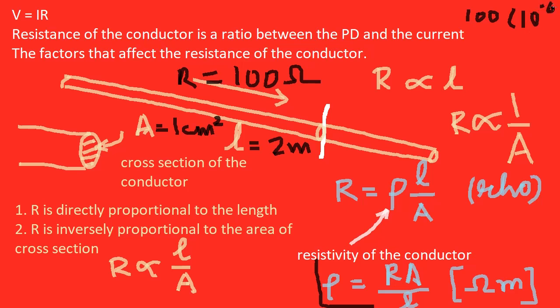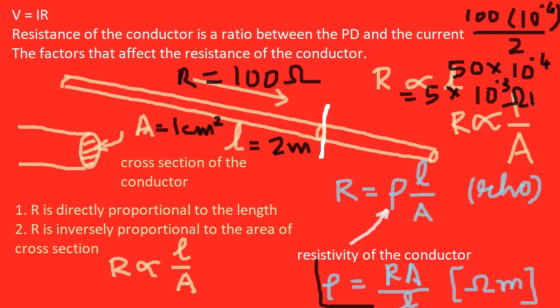And this is divided by L, which is 2. We can cancel this 100 with 2. We have 50 multiplied by 10 raised to minus 4, and we can also write this as 5 into 10 raised to minus 3, and the unit will be ohm meter as we had seen earlier.